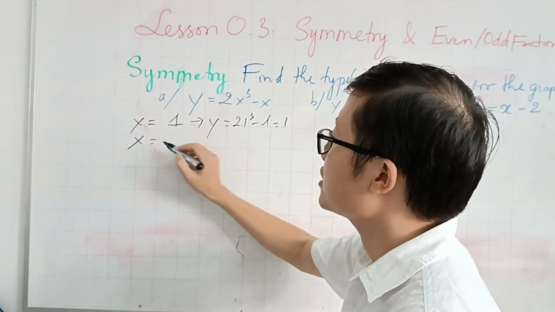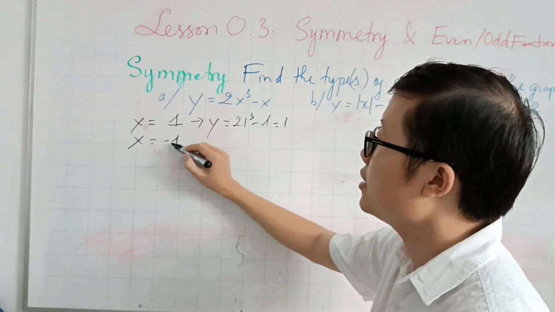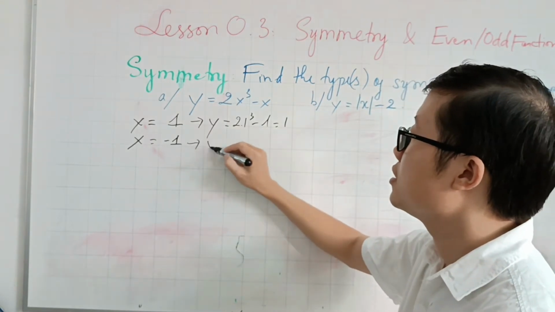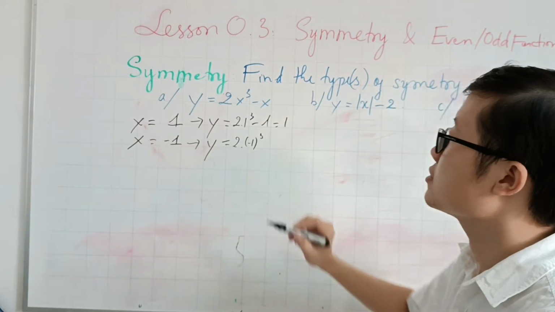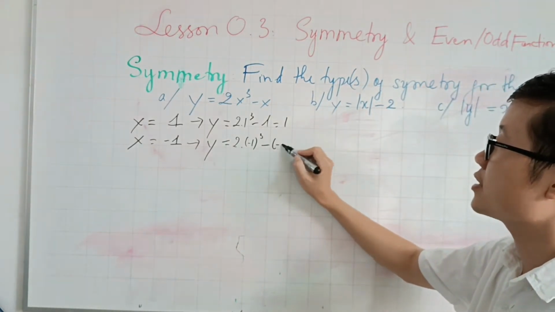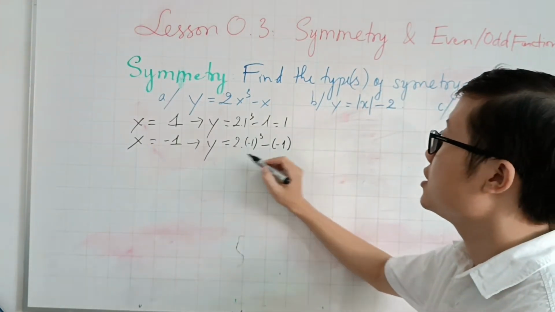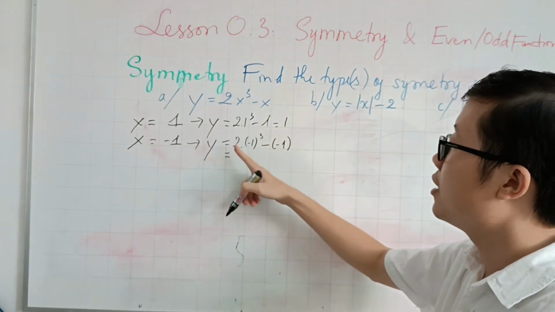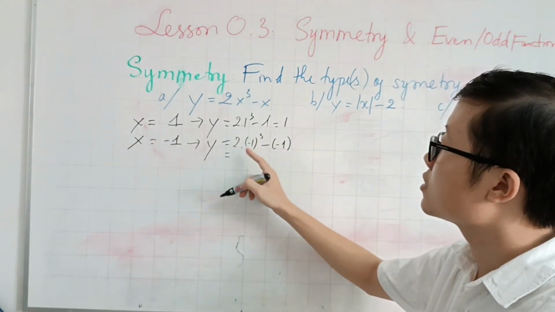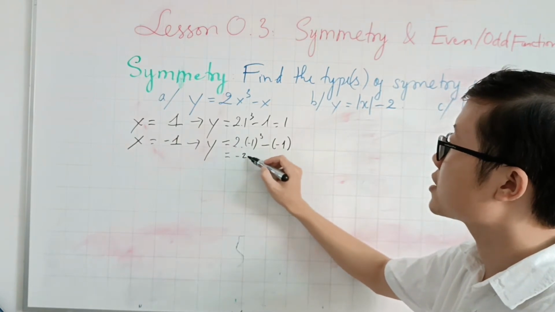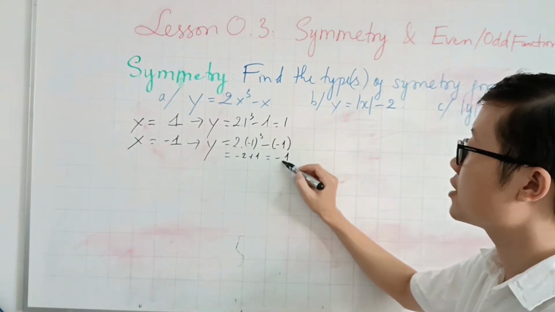And x equals negative 1, and y is 2 times negative 1 cubed minus negative 1, which is negative 2 plus 1, negative 1.